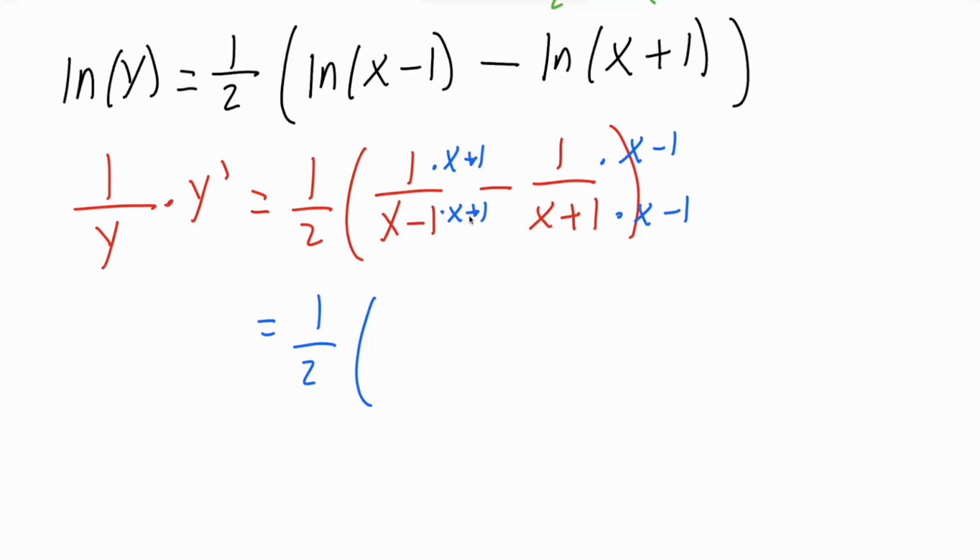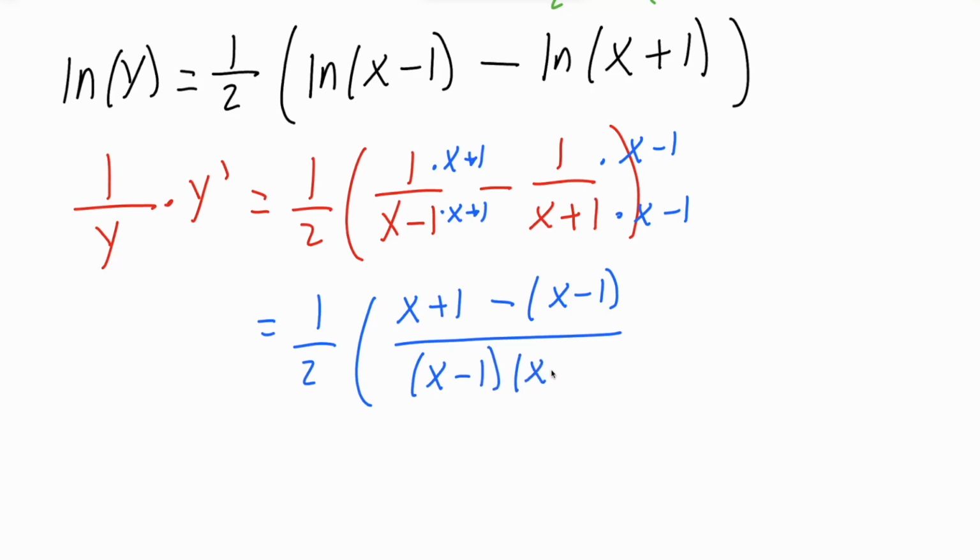And so we end up getting x plus 1 minus (x minus 1), divided by, in the denominator, x minus 1 times x plus 1, and we can close our parentheses.